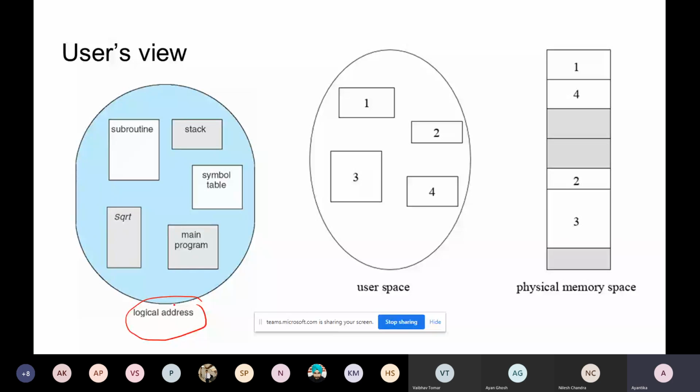So the user view of a program is divided into some components. It may happen that these components get mapped to the user memory, but not in the same contiguous manner. You can see here there are different components and they are mapped in different parts of the main memory.